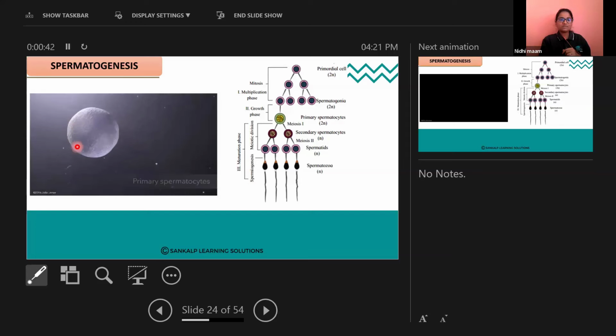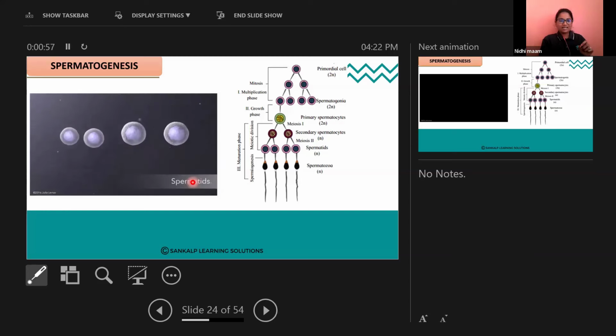These are primary spermatocytes. Primary spermatocytes again undergo division and become secondary spermatocytes.